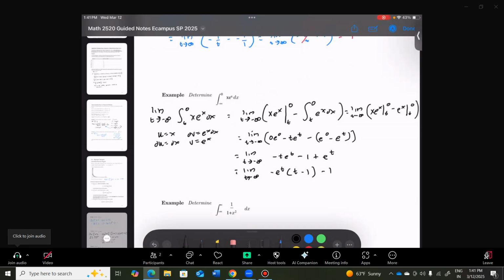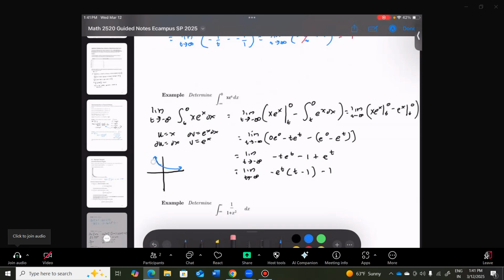All right, so now e to the negative t, if you think about the graph of it, goes downwards, like this. And so as this goes to... I'm sorry, hold on.